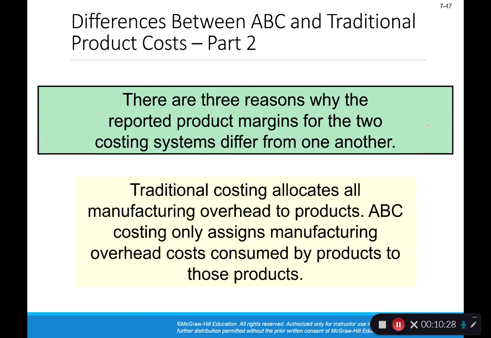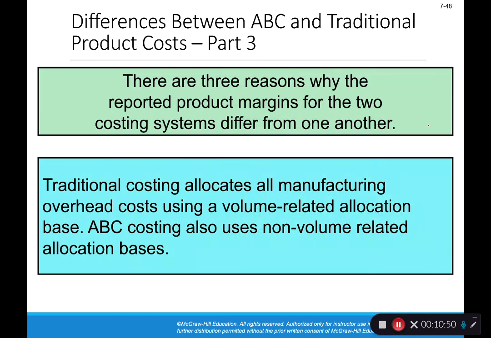There are three main reasons why these are different. I've probably already mentioned them, but just to reiterate, traditional costing allocates all manufacturing cost to products. ABC only assigns manufacturing overhead costs consumed by the products through the various activities that are identified under ABC. Traditional costing allocates all manufacturing overhead costs using volume-based allocation.